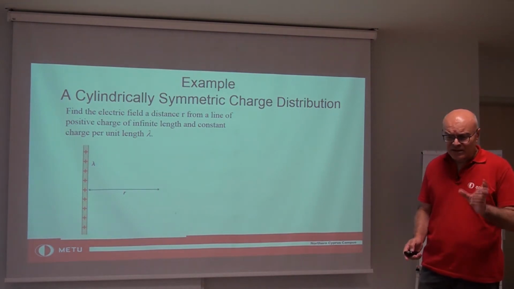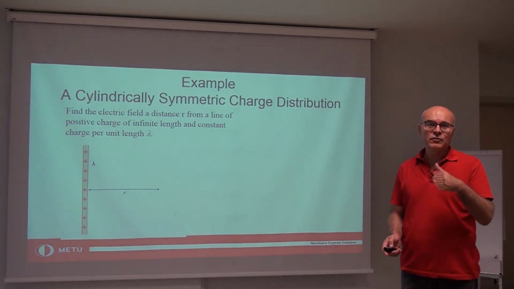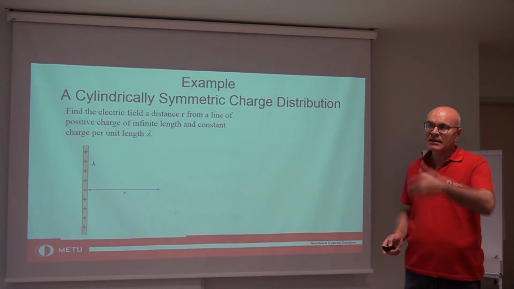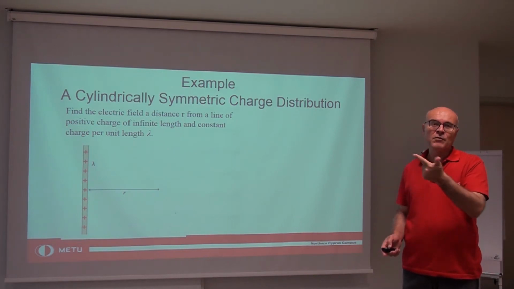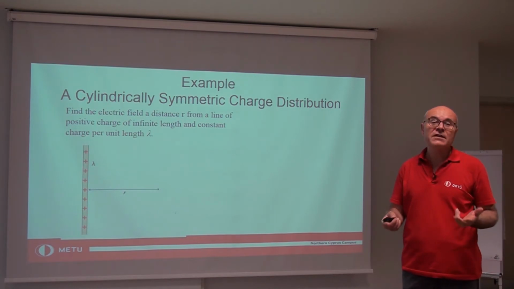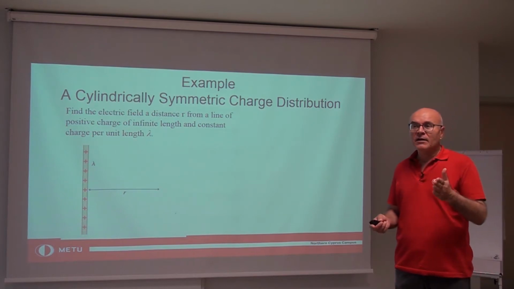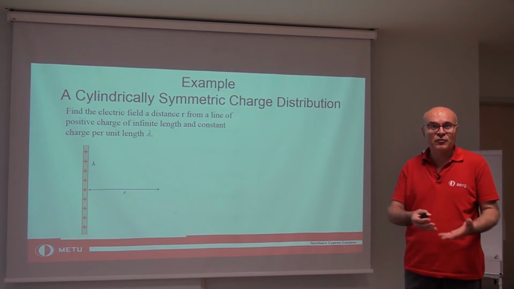Now, just before I proceed, I'd like to make a comment regarding this infinite length, because we will be talking about an infinite line of charge, then an infinite cylinder, an infinite plane of charge. All of these are infinite quantities. Of course, in real life, we don't have these infinite lines of charge or infinite planes.